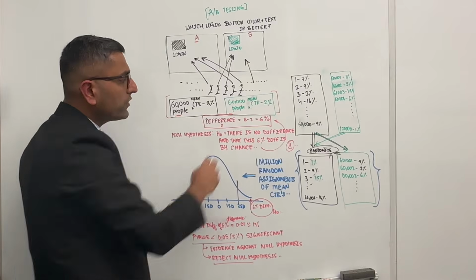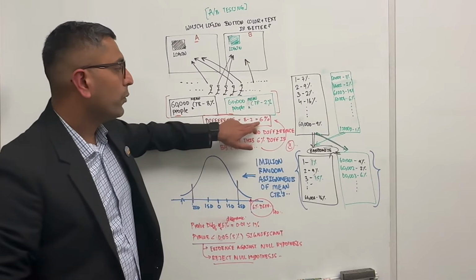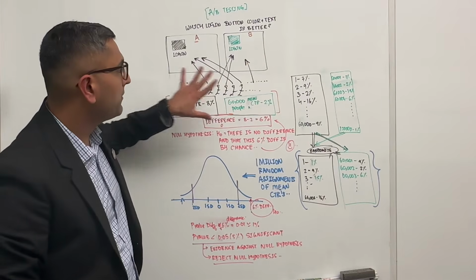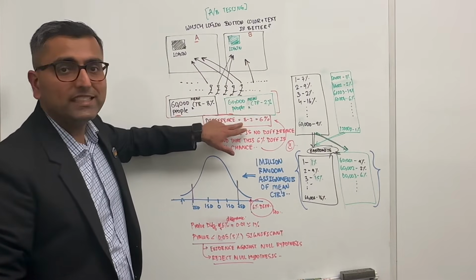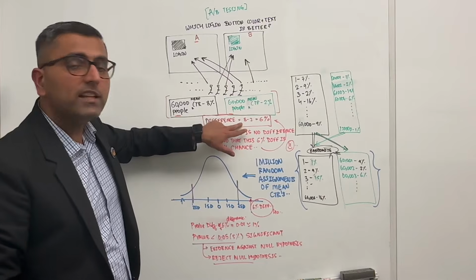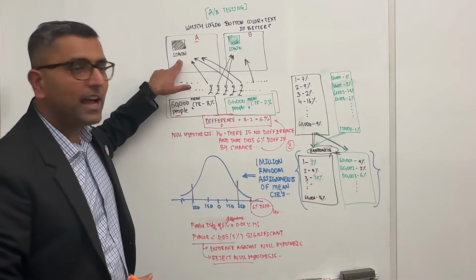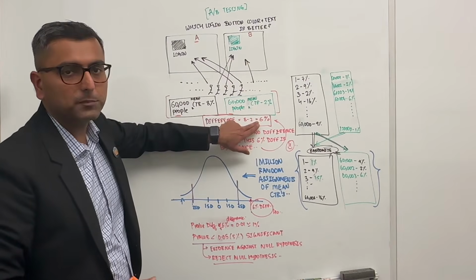How do we know whether this 6% that you observed by running this experiment one time is significant? Can we say that this is just by chance, that this button was not really that good to drive an incremental 6% lift?